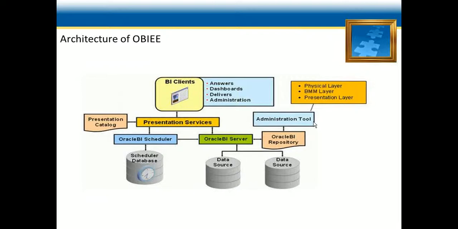We have the Oracle BI repository, created with the administration tool, which connects to the data sources. We also have the Oracle BI Server, the heart of Oracle BI. Then we have presentation services, and Answers, Dashboards, Delivers, and Administration. The flow I will explain in the next slides.